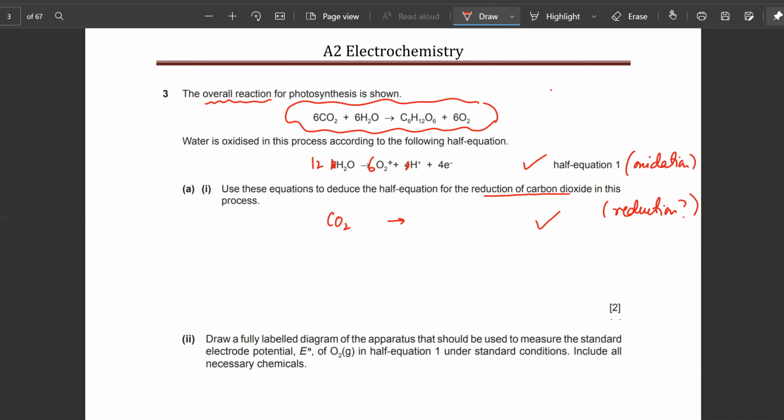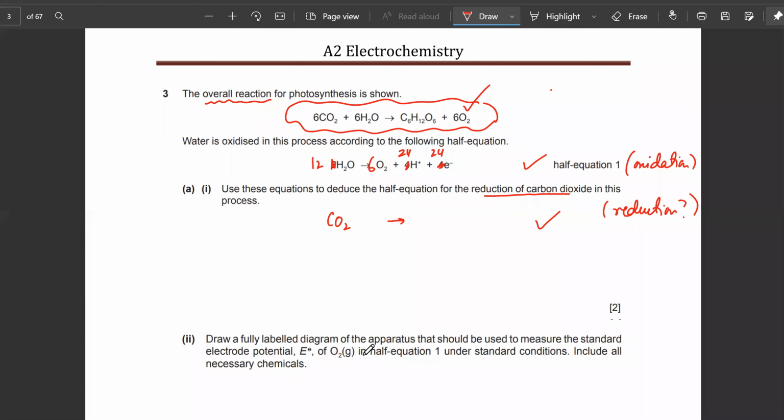This one would become 24H plus, and this one would become 24 electrons. So why did I do that? Because I had 6 O2s in the product. So that means my half equation number 1 has 6 O2s in the product, so I need to multiply this equation by 6. Is this clear?